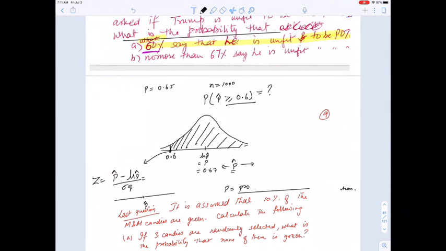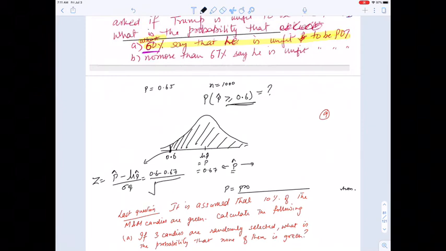So that will be equal to the P hat we are interested in, 0.6, minus mu P hat, which is P, which is 0.67, divided by the square root of P times 1 minus P over N. So 0.67 times 0.33 over 1,000, square root of that. Let's do the math to find Z.